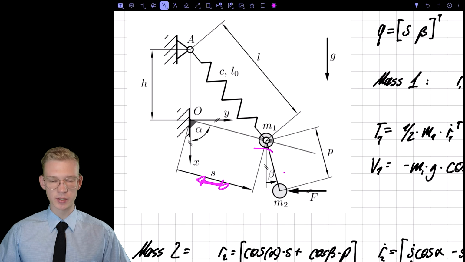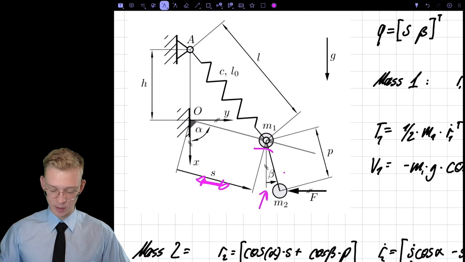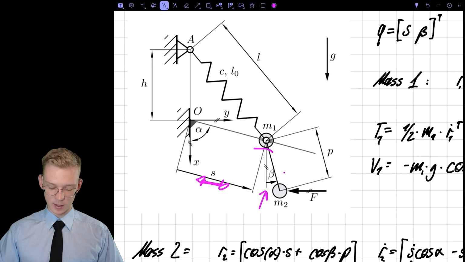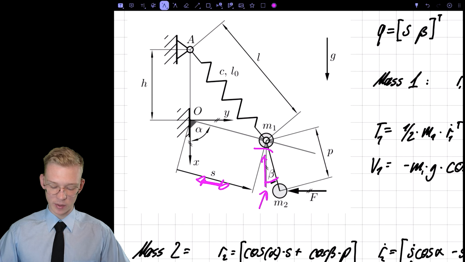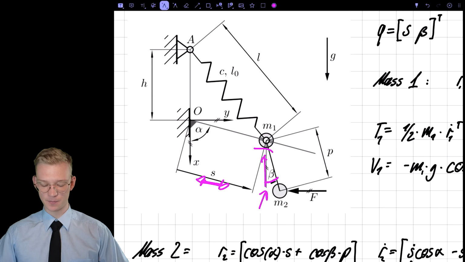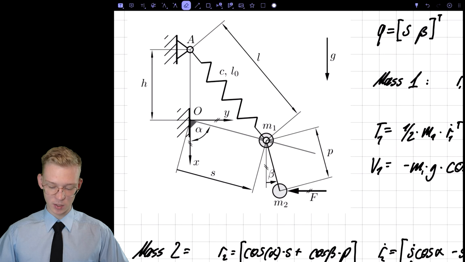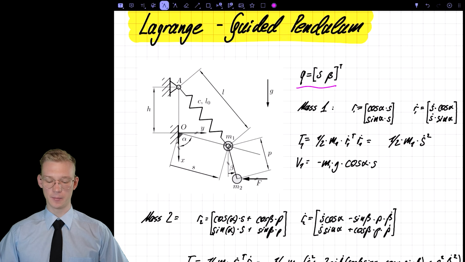And mass 2 is just a simple pendulum that we had in all the exercises before, where the angle beta is the only one that's determining the position of mass 2, because we have this relative to the x-axis, and by knowing the angle, we know the position of the mass. So we have two coordinates that we need to know, two generalized coordinates, our q's, that is s and beta.